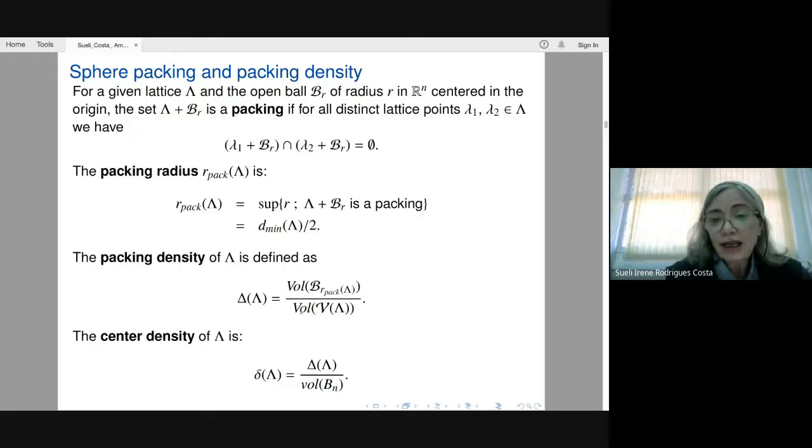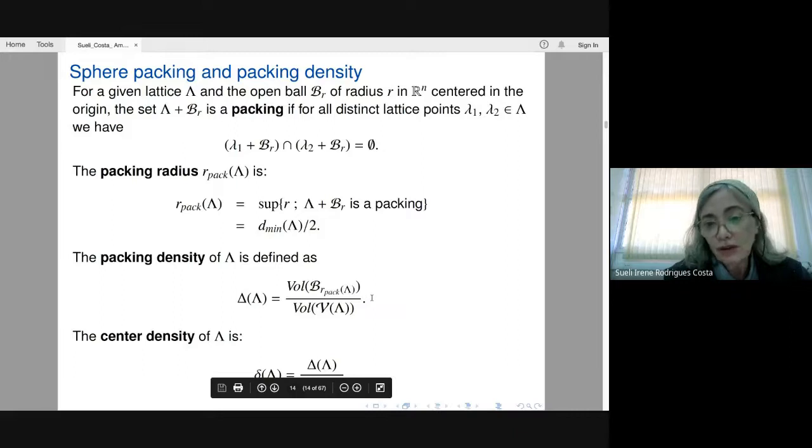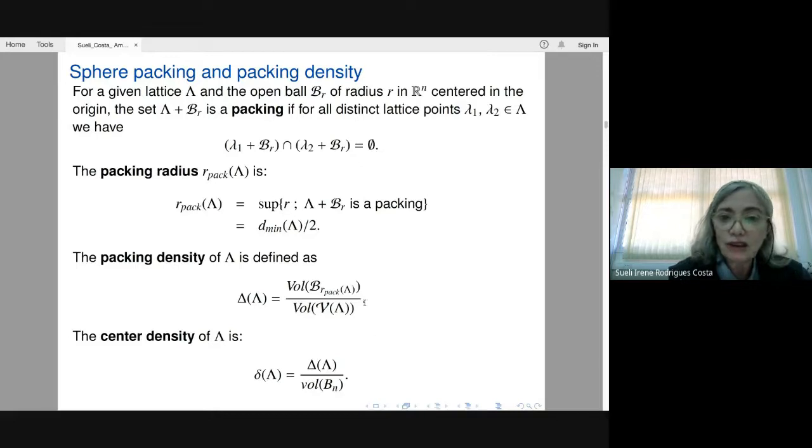This number is the percentage of R^n which is covered by those balls. The center density is another definition that does not use the volume of the unit ball of radius 1, but this is done just to compare lattices in the same dimension.